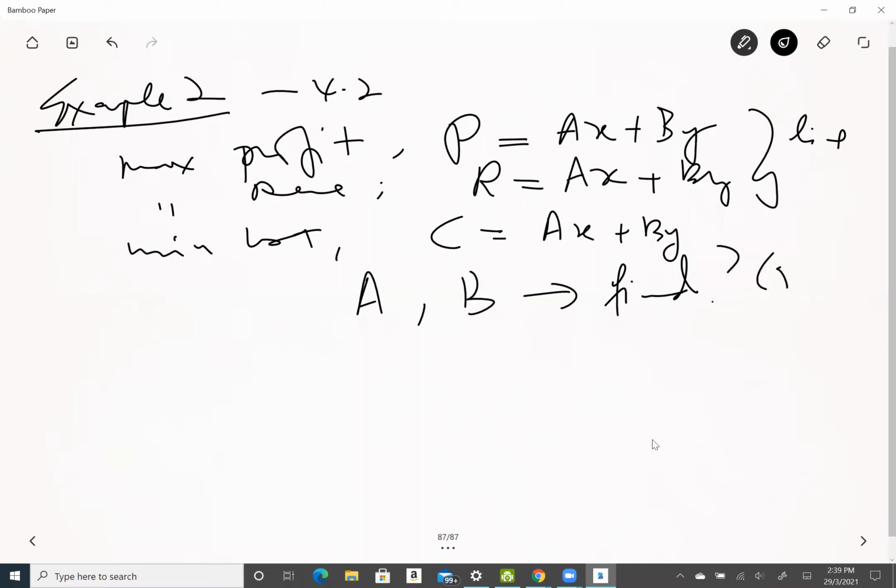Normally it will be given. And what are A and B? They are the value of the objective per unit.